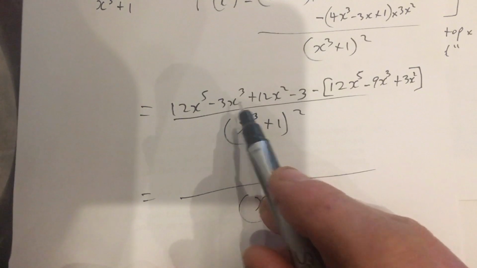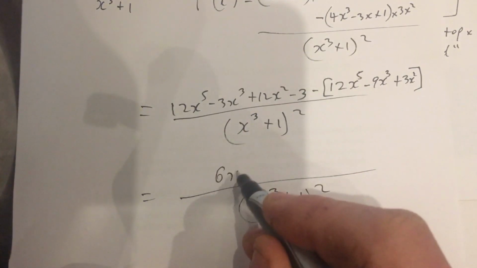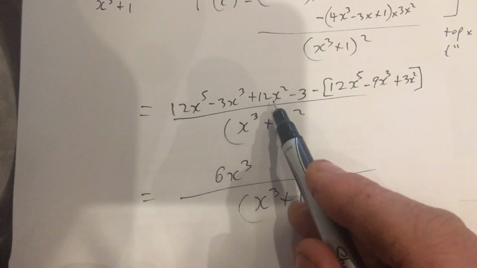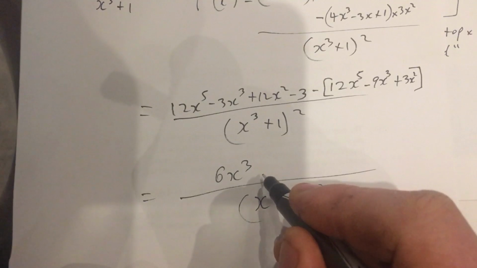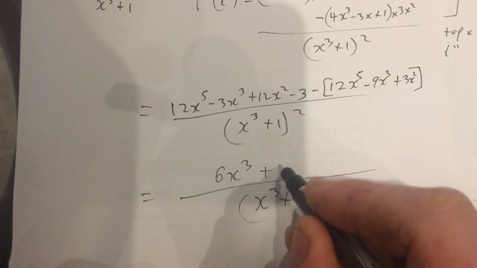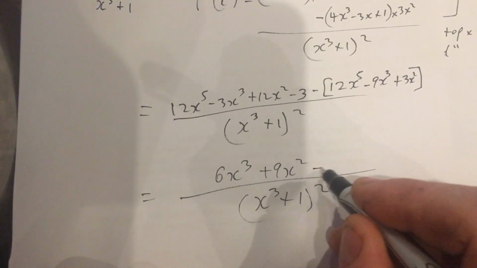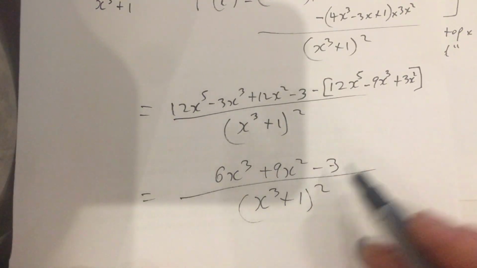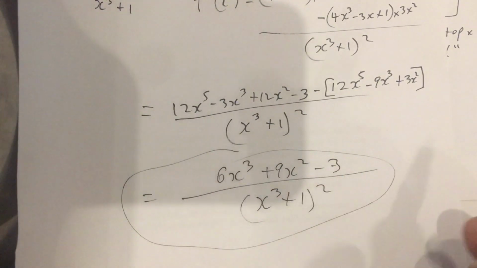Minus 3x cubed minus 9x cubed, so that's plus 9x cubed, so that's 6x cubed, 12x squared minus 3x squared, so 9x squared, minus 3 just stays there. You can factorize that if you want, doesn't really matter. The 3 comes out of it. It's a common factor.